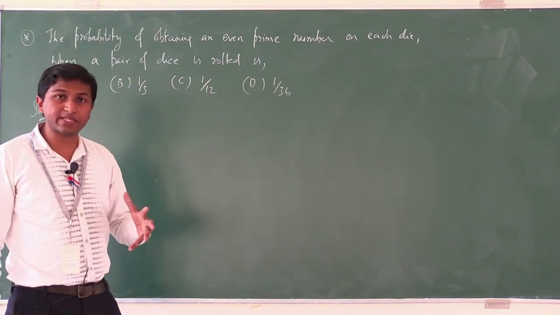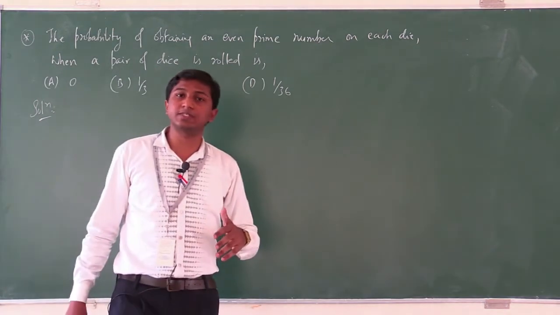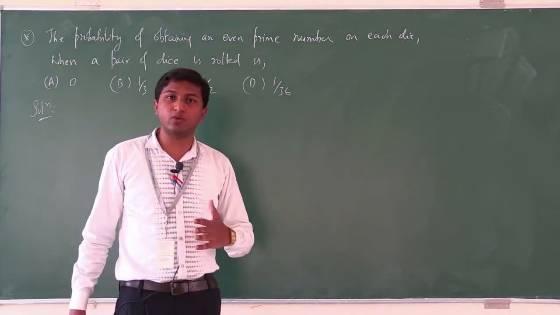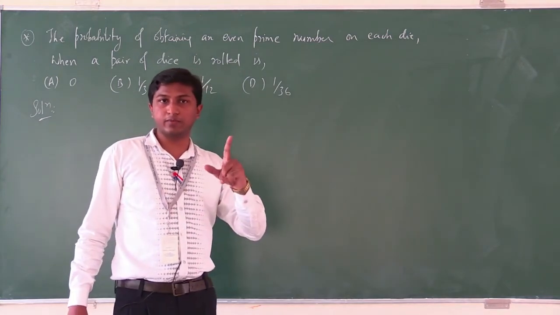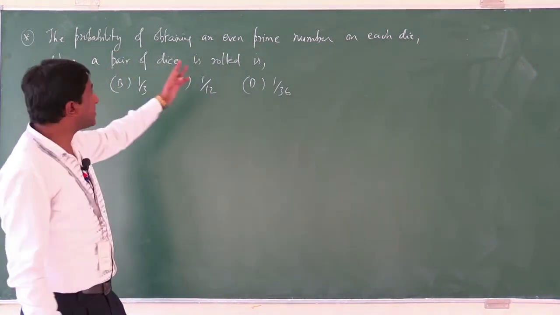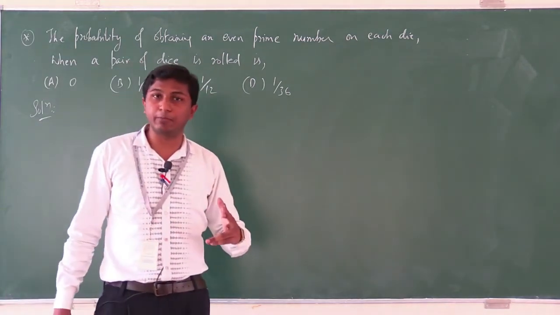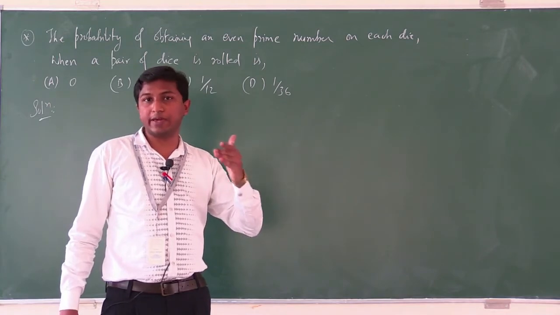Why is it 1 by 6? Because totally we have 6 possible outcomes. Out of those 6 possible outcomes, how many even prime numbers are there? Only 1. That is the number 2. So the probability of obtaining an even prime number when a die is tossed once will be 1 by 6.